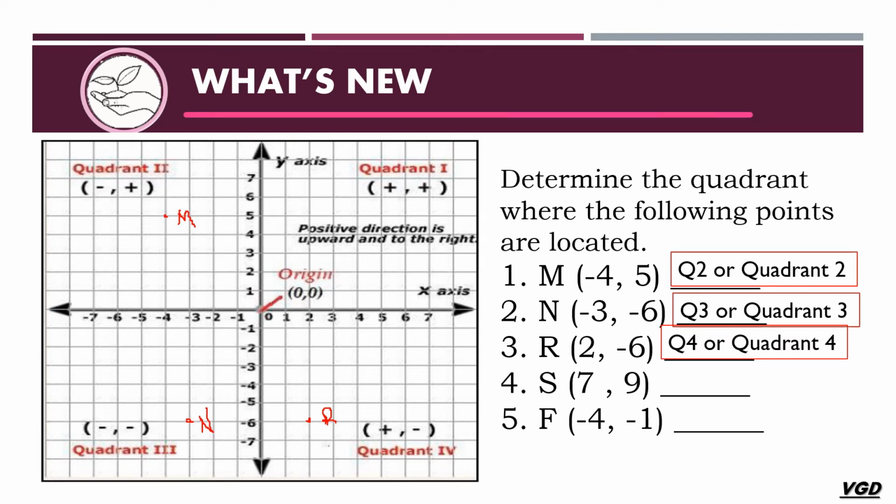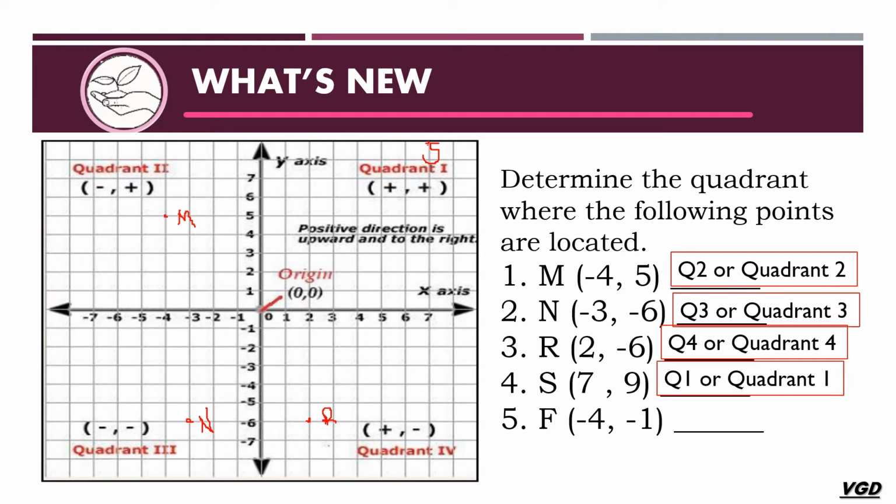Now let's have number 4, the point S. So it has the positive 7 as the x value and positive 9. So positive 9, it will just extend. So we have here the point S. So it is in, alright, it's in quadrant 1. That's right.